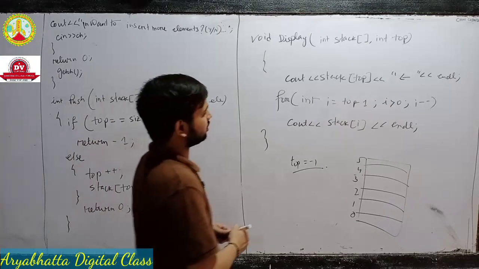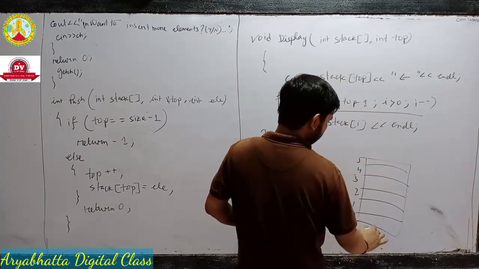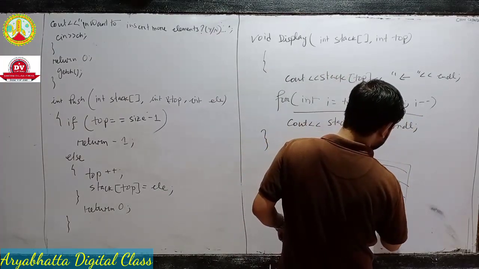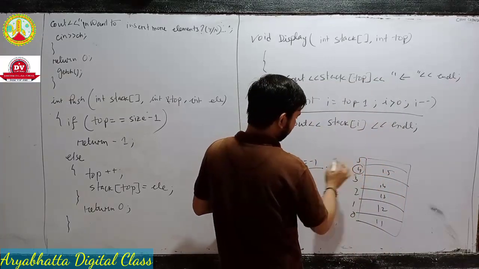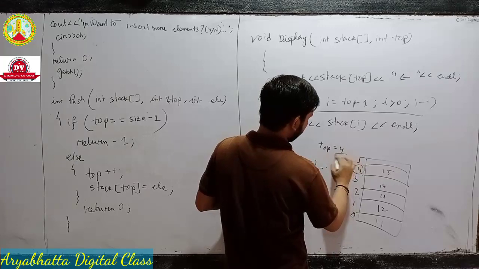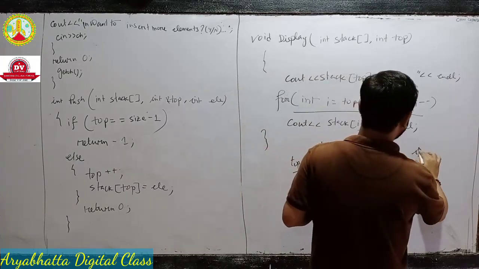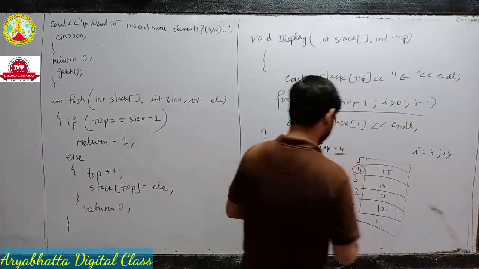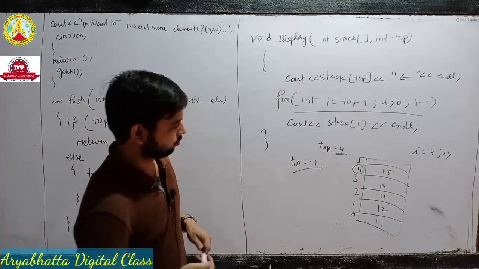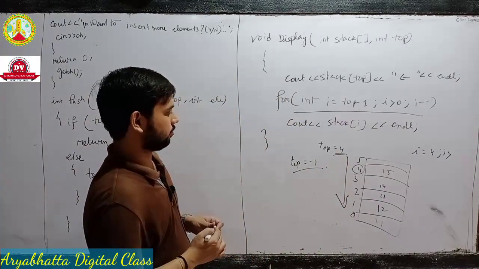Okay. In here, you see, we use a decrement loop because of this. So these are the elements we inserted: 12, 13, 14, 15. Okay, means your top will be what? Top will be now 4. Top will be 4. Okay, means your i will be 4. We go to this side for insertion.